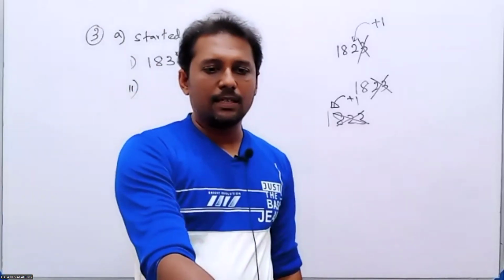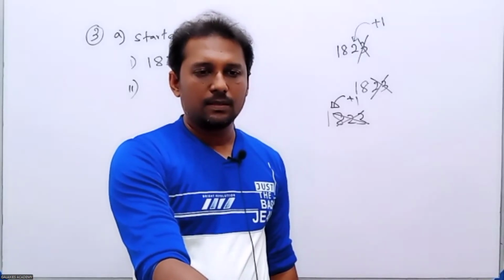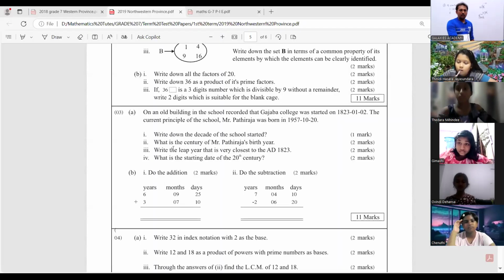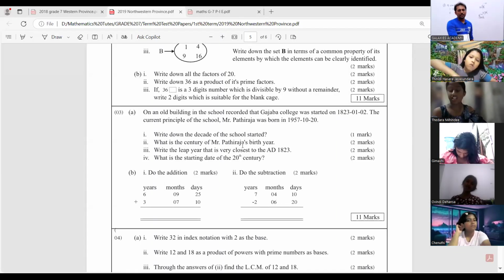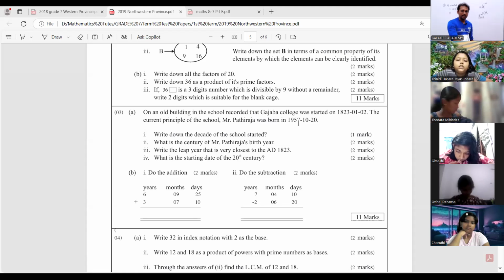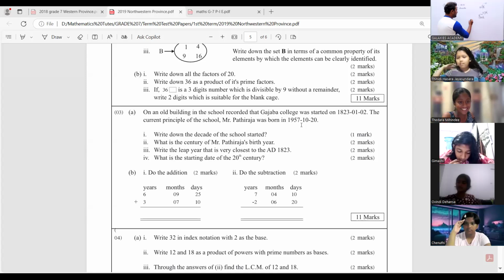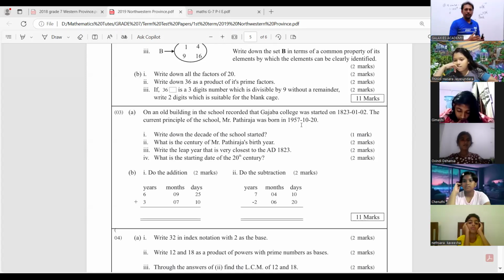Okay, look at the second part. What is the century of Mr. Pathiraja's birth year? 1957. So you have to find which century this year belongs to.